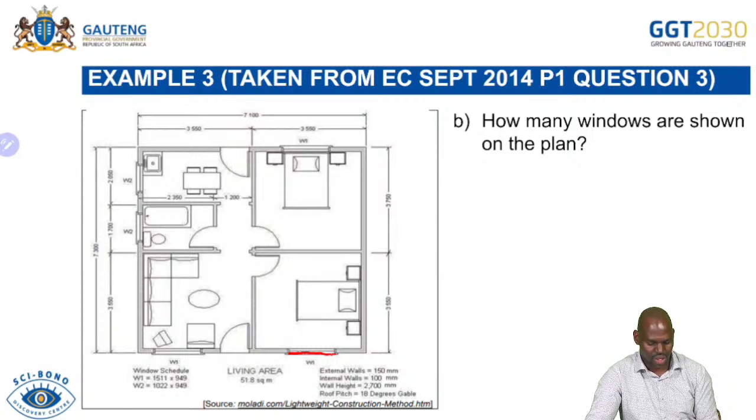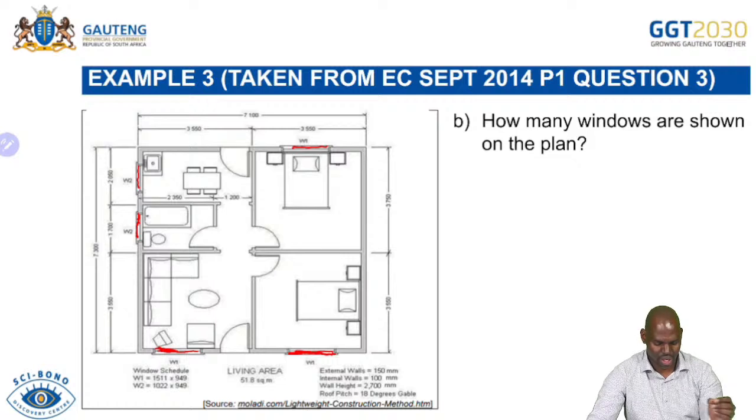Now this one, there's a window, so it's 1. Then there's a window there in the living room. Then you've got a window in the bathroom. There you've got a window in the kitchen. And then you've got another window in the other bedroom. So there's 1, 2, 3, 4, 5.